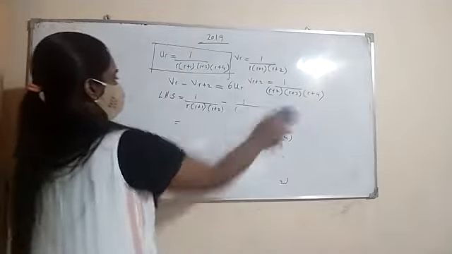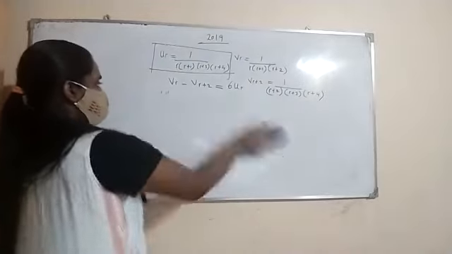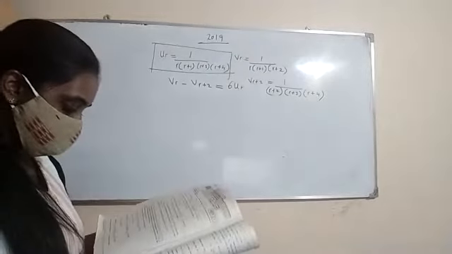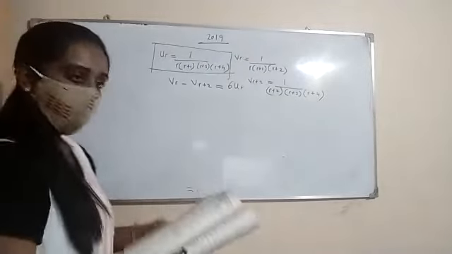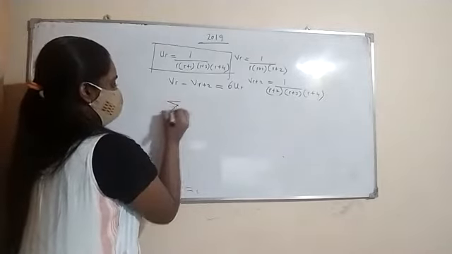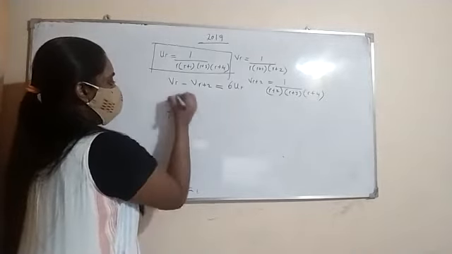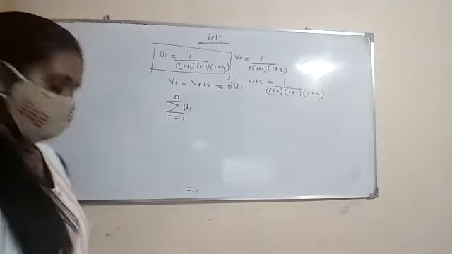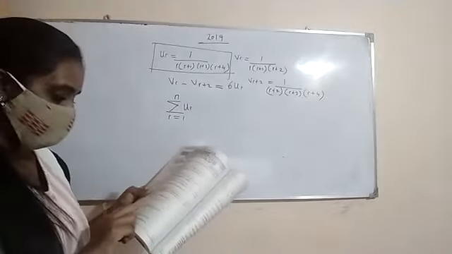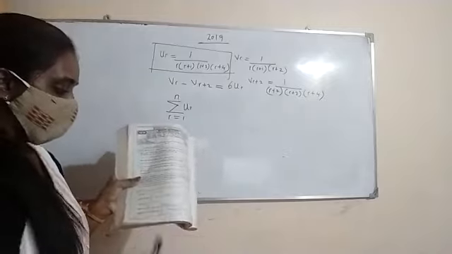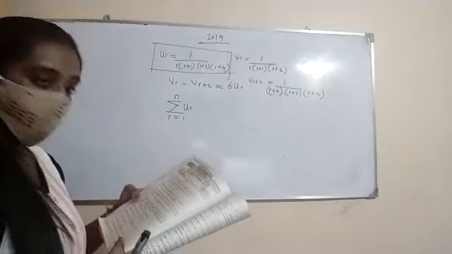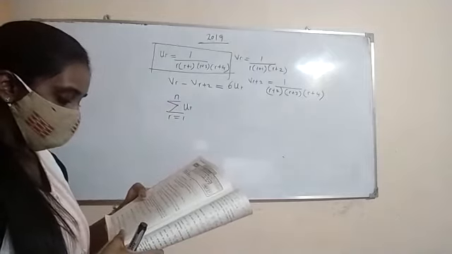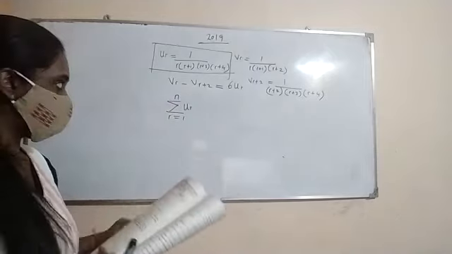Next, what are they asking? Show that sigma R running from 1 to n of UR is 5 over 144 minus 2n plus 5 over 6 into n plus 1 into n plus 2 into n plus 3 into n plus 1.